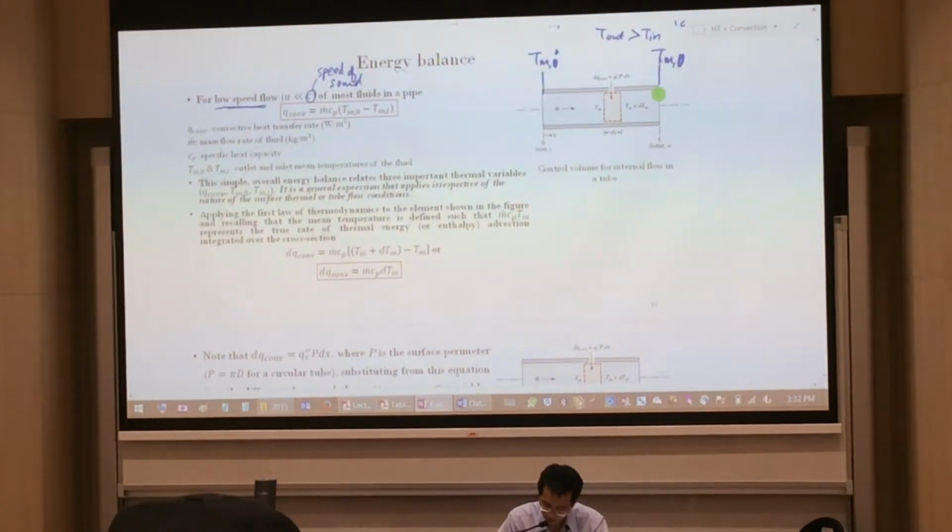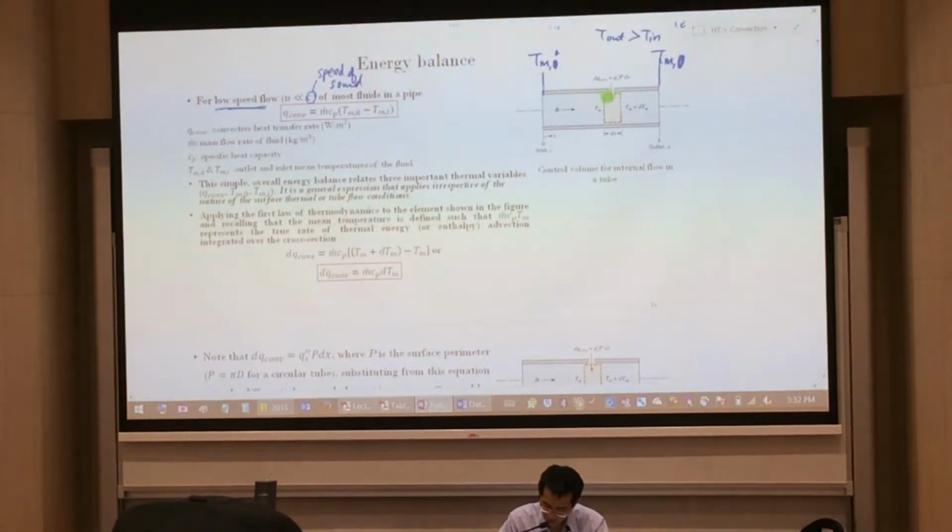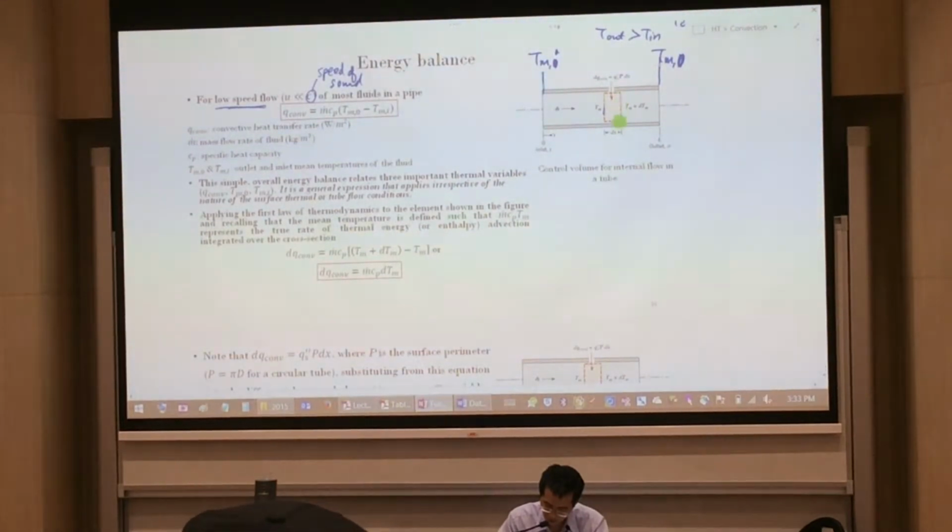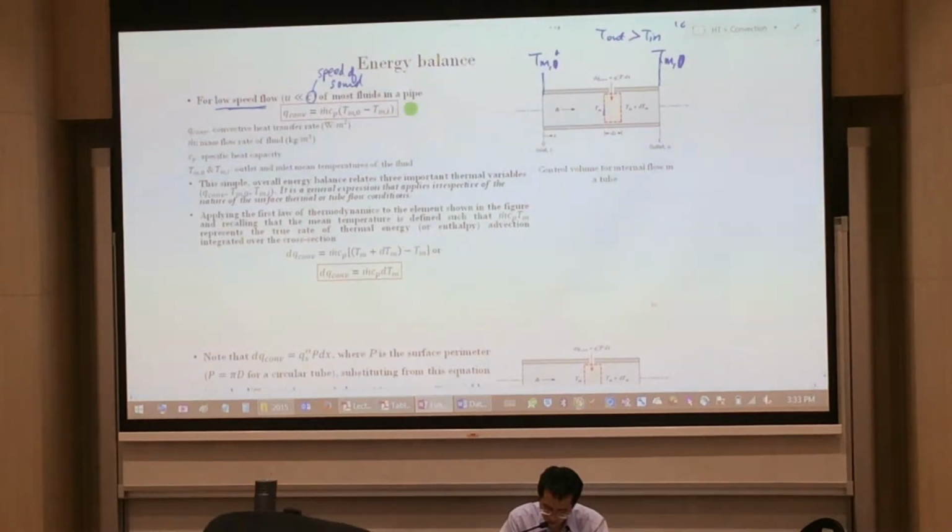Okay. So if you look at just this slice over here, over here is your inlet, and over there is going to be your outlet. So what I have from this equation, there will be m dot Cp. My outlet would be Tm plus dTm, and my inlet will be Tm.